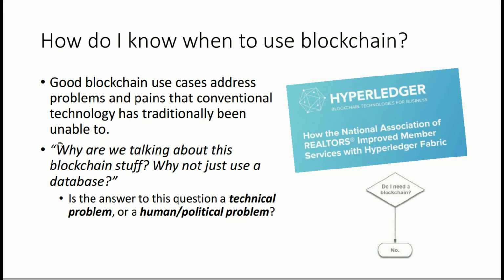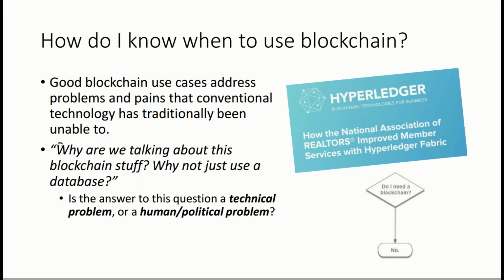If you're analyzing a use case and that question comes up and the answer to that question has absolutely nothing to do with technology and everything to do with human beings, then you have likely stumbled across a great blockchain use case. Let me go a little bit deeper into this.